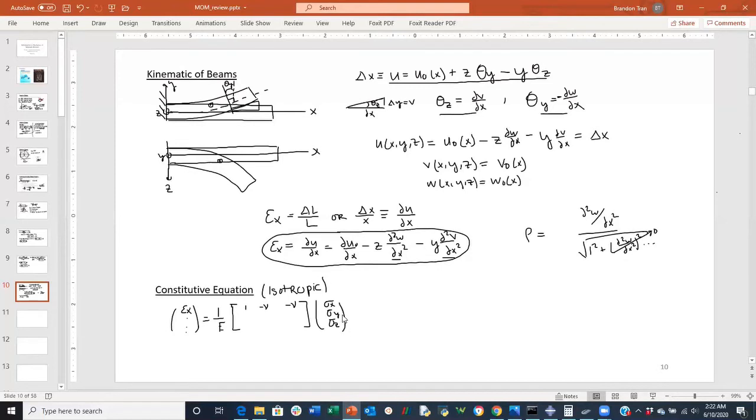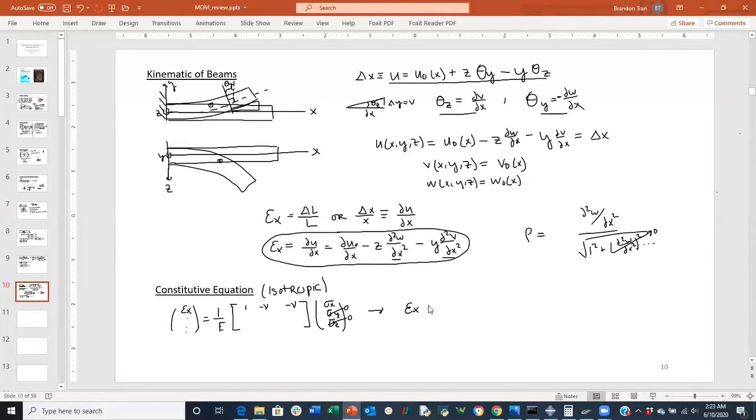Okay, so here's the thing. I'm going to assume the normal stresses in the y and z direction are so small that we can neglect them. So I'm going to call them 0. So the only thing we're worried about here is sigma x. Okay, so with that assumption established, our constitutive equation is as follows.